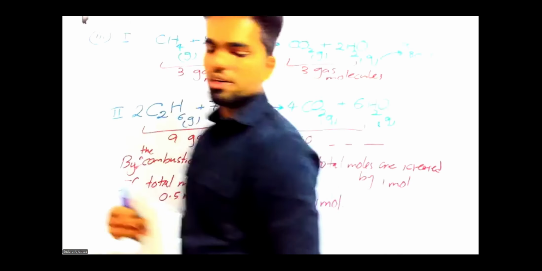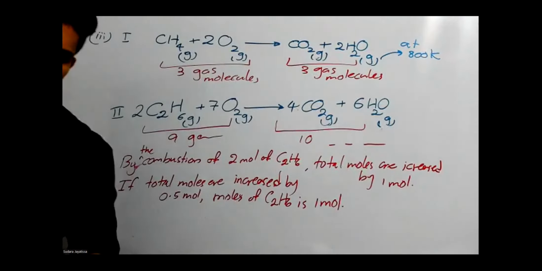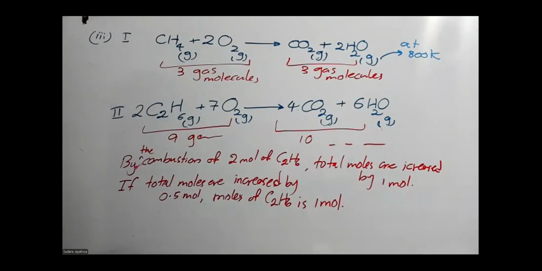If you have any doubt regarding what I did on the board, please ask again. So we balance the two equations. Then we check which gas contributes to increasing the number of moles. It is the C2H6 gas.